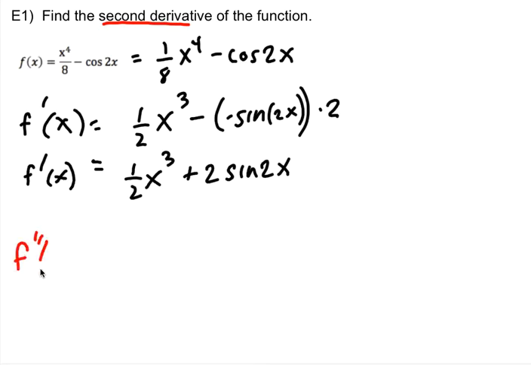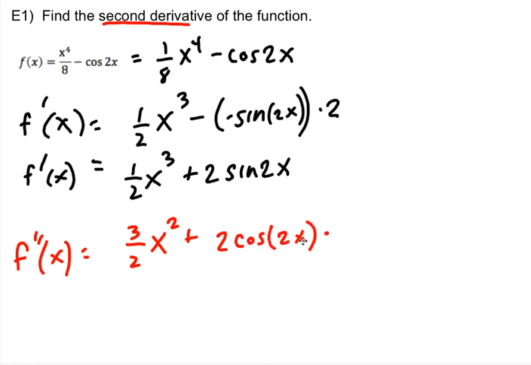So f double prime of x is going to be a 3/2 x squared, right? And then when I differentiate the sine of 2x, this is 2, derivative of sine is cosine of the stuff, right? But since there's stuff inside the cosine, you need to multiply by the derivative of the stuff. So I'm going to get that my second derivative is a 3/2 x squared plus a 4 cosine of 2x.